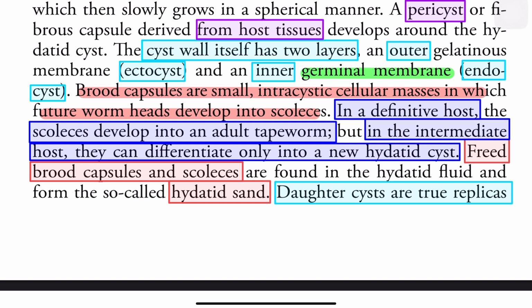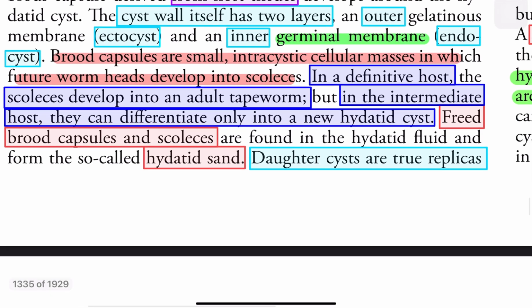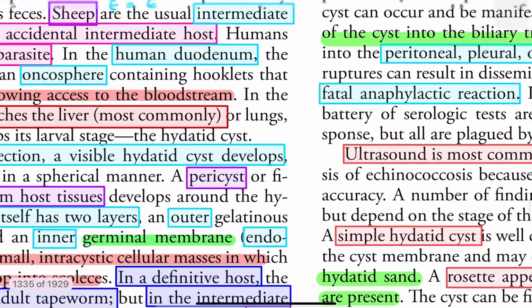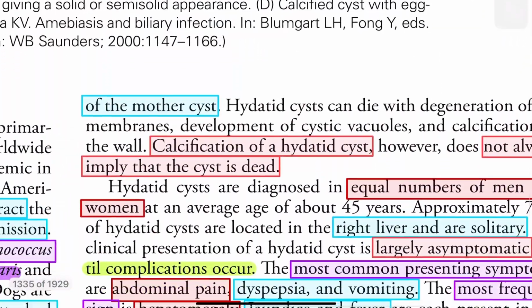Freed brood capsules and scolices form the hydatid sand. Daughter cysts are also true replicates of the mother cyst.